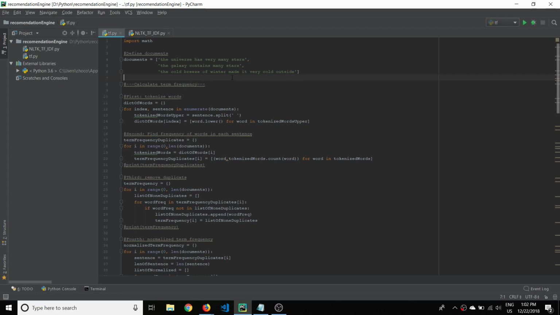And why did I choose these sentences? I wanted sentences that had the same words in them but had different meanings, and just see what happens with it. And I kept it very simple, all lowercase, no commas or punctuation, because when we start to process this text, if I have universe with a capital and universe with lowercase, those are potentially considered 2 different words.